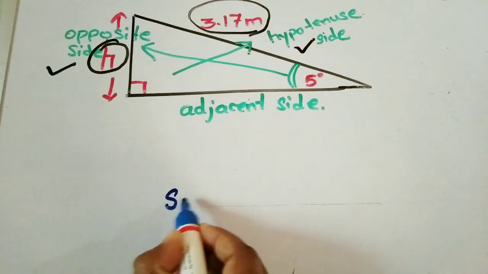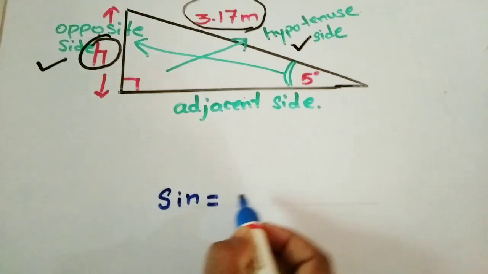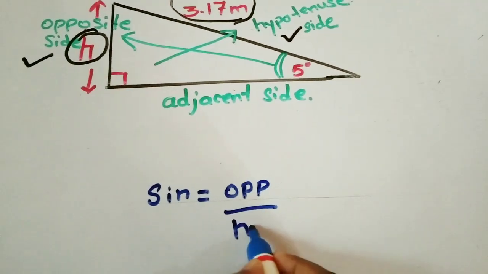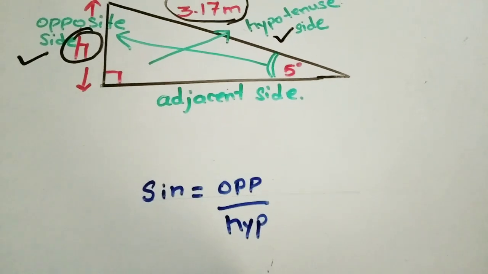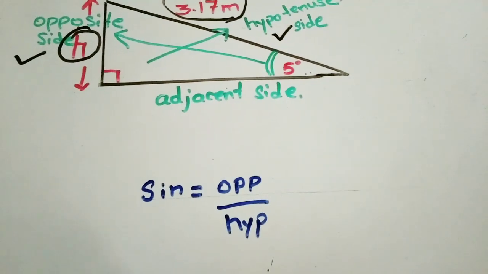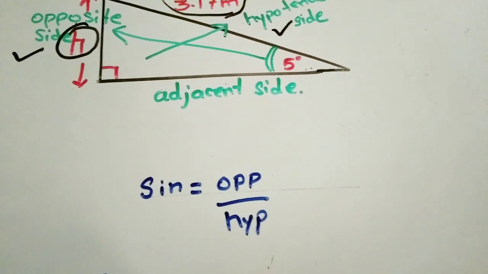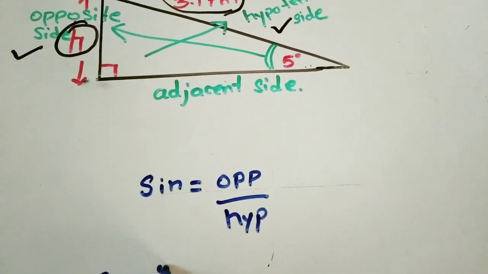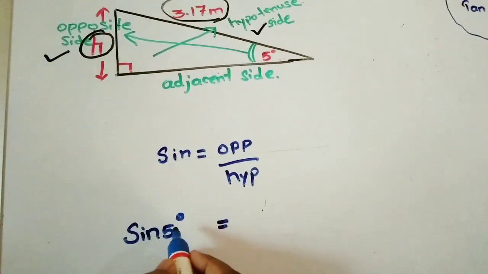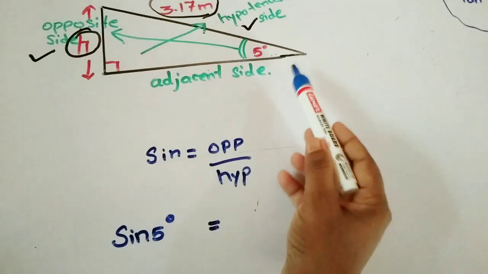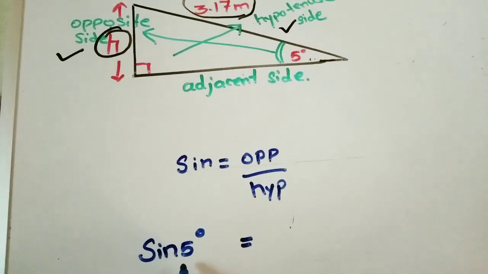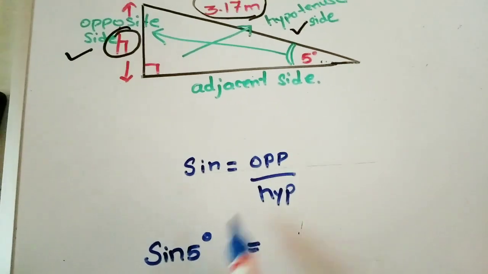Let's do it. Sine equals opposite over hypotenuse. Here the given angle is 5 degrees. So sine 5 degrees equals the opposite side. According to this question, what is the opposite side?